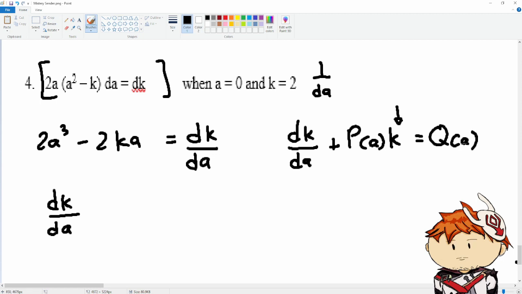So we look at our first degree, we put it at the opposite side, so we become 2a k is equal to 2a cubed.